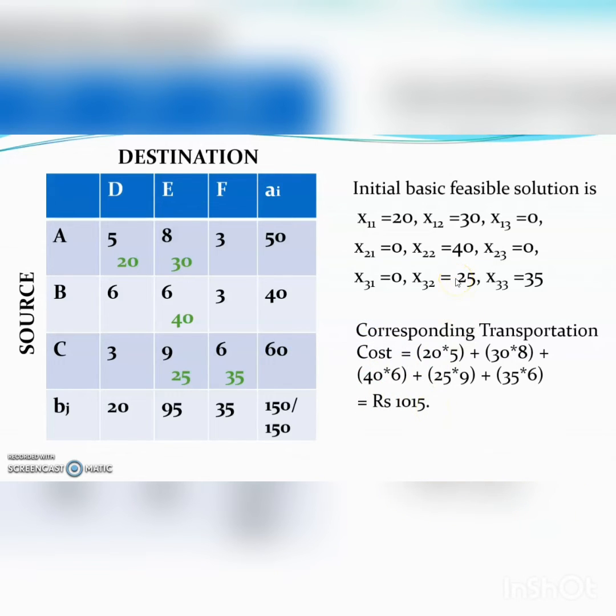So we have learned to find the initial basic feasible solution using northwest corner method.